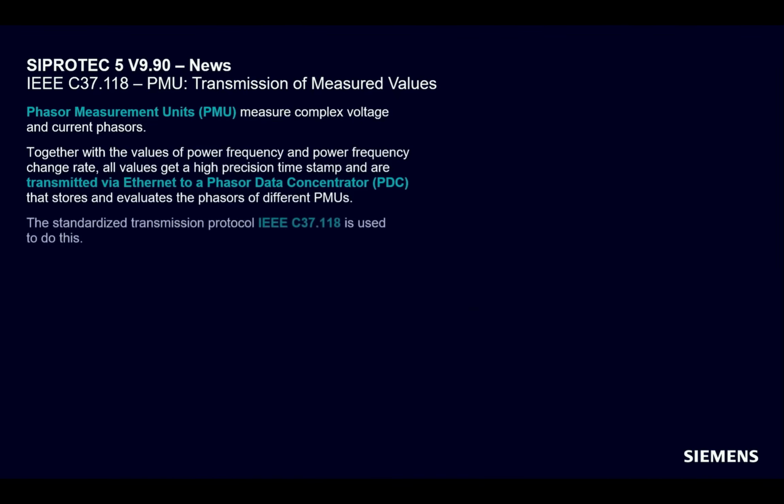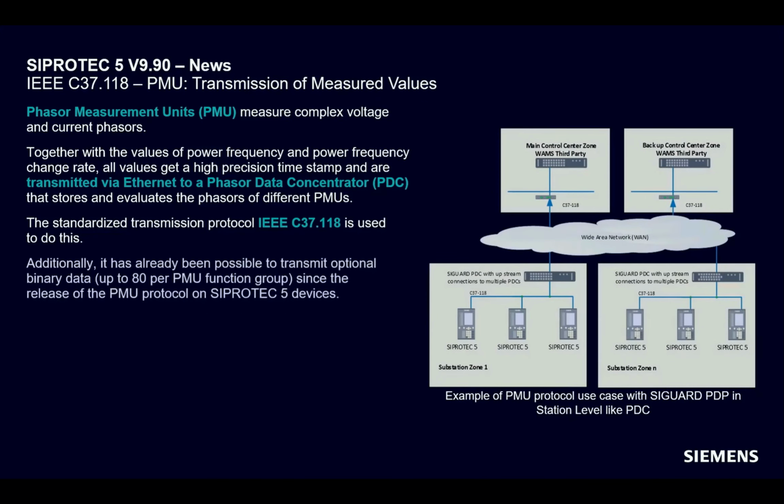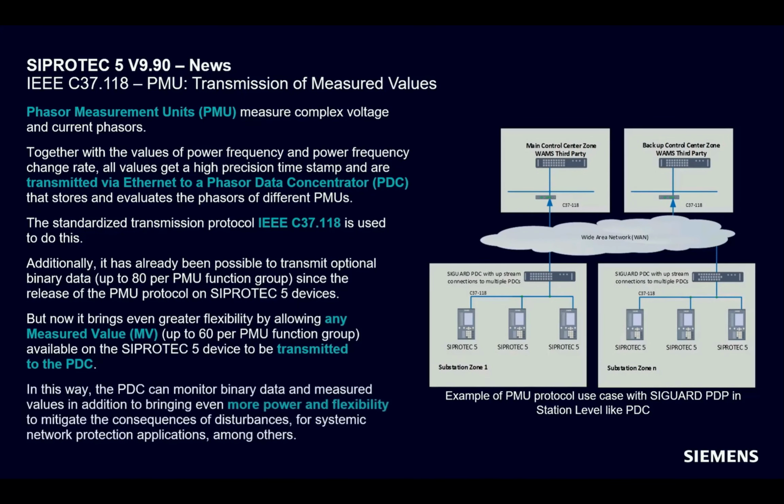So now talking about phasor measurement unit, we have the transmission of measured values. Phasor measurement units measure complex voltage and current phasors, together with the values of power frequency and power frequency change rate.